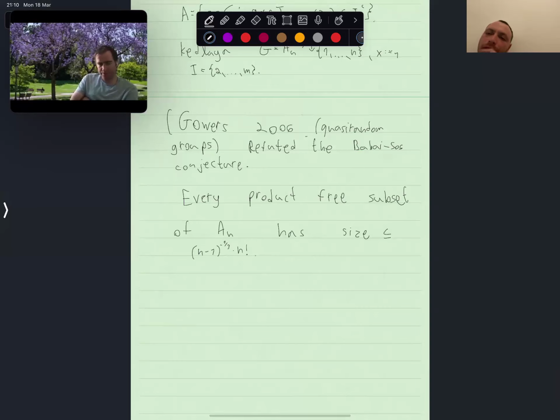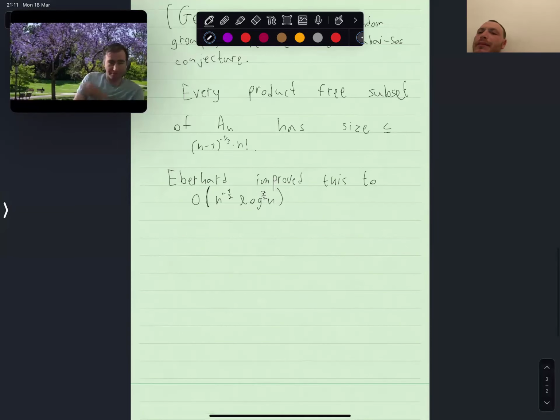This was then improved by Eberhard to n to the minus 1/2, like O of n to the minus 1/2 log n to the 7/2, if I remember correctly.